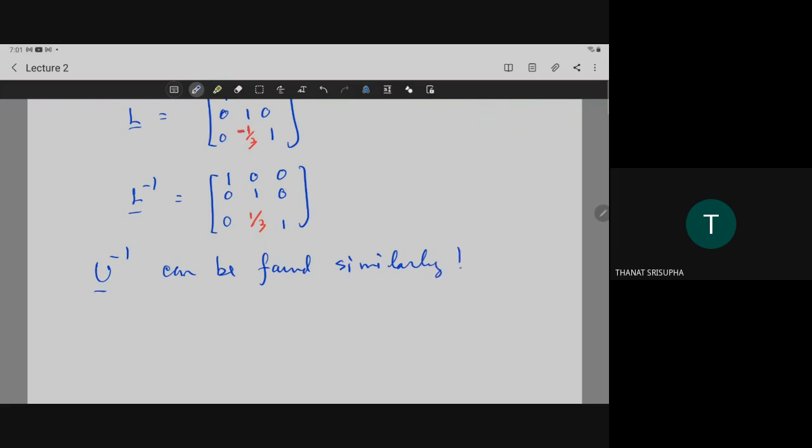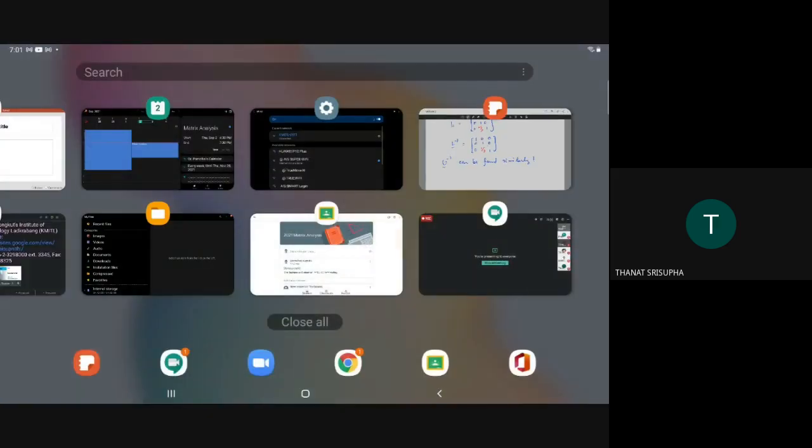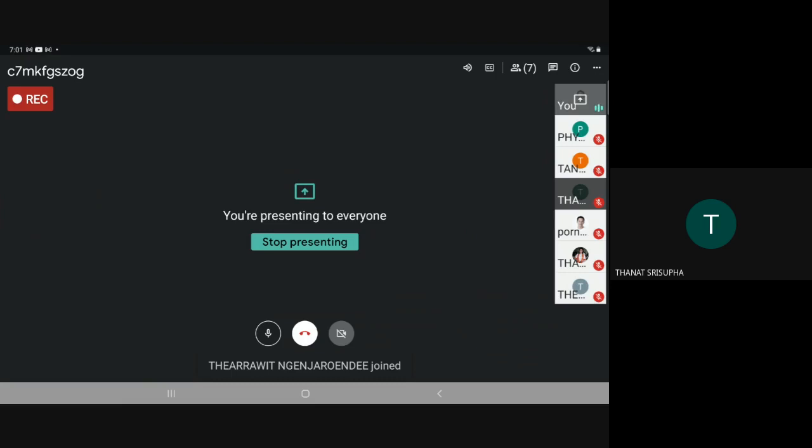Okay, so I guess I'm gonna stop here. But before I stop, let me stop sharing this page, and let me go to the MATLAB screen quickly to show some steps for you. Let me share from another screen instead.